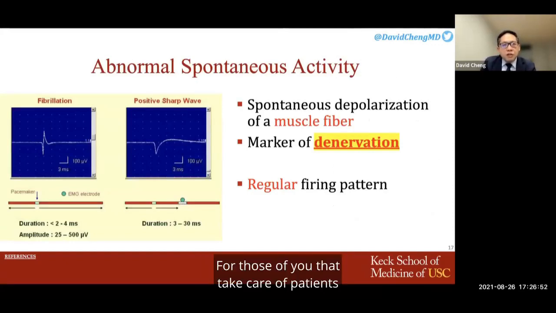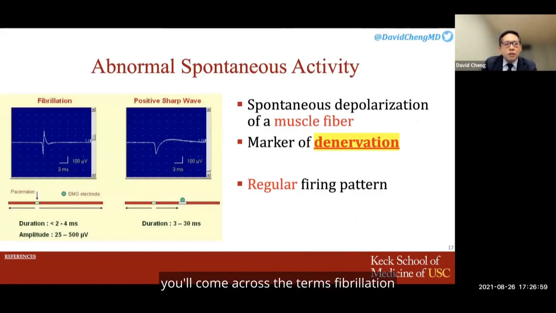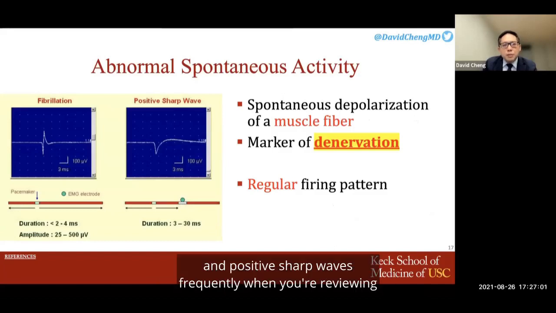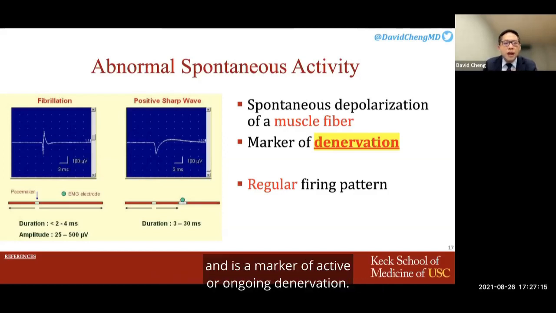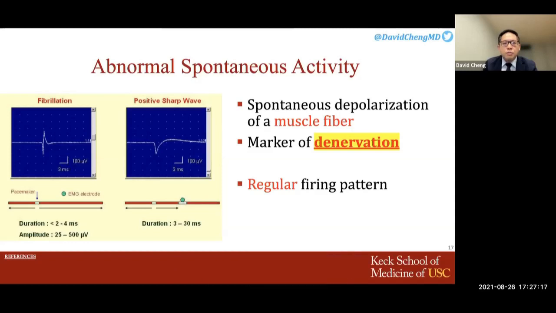For those of you that take care of patients with spine problems and radiculopathy in particular, you'll come across the terms fibrillation and positive sharp waves frequently when you're reviewing electrodiagnostic testing reports. Those terms effectively mean that there is spontaneous depolarization of a muscle fiber that's prolonged, and it's a marker of active or ongoing denervation.